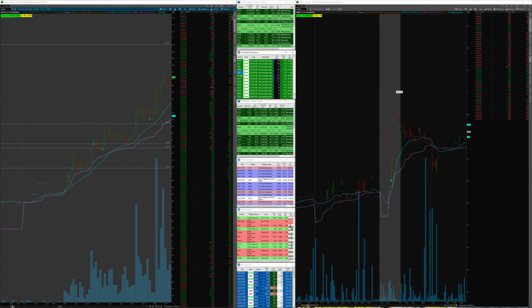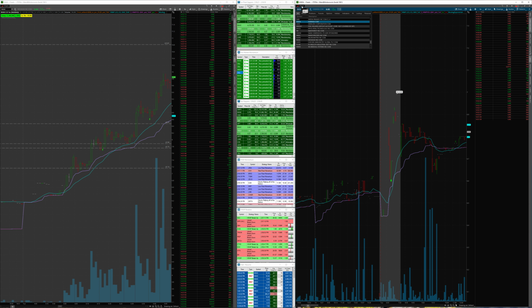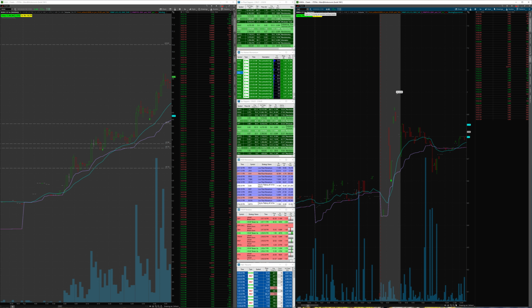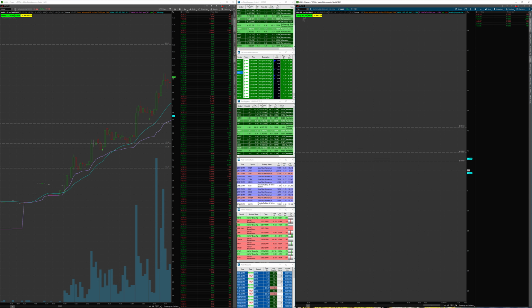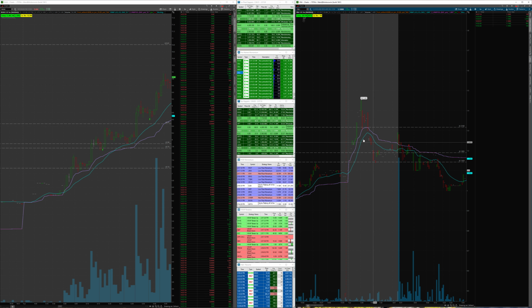Next thing we had was CBLI. Got the alert at 6:35, which was right here. So CBLI, got the alert, got another move up, and then we get these little ticks again.